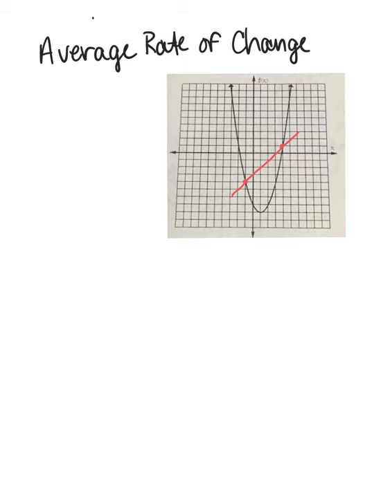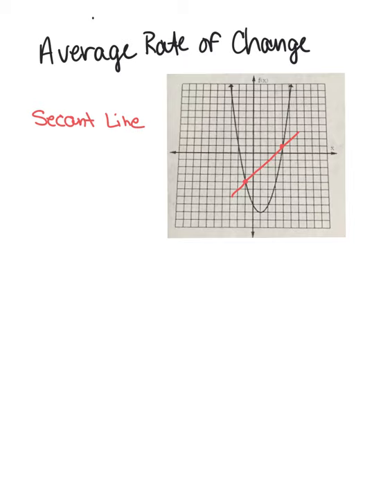So this line that I drew is called the secant line. This is the line that's going to help me find the slope or the average rate of change for this interval.